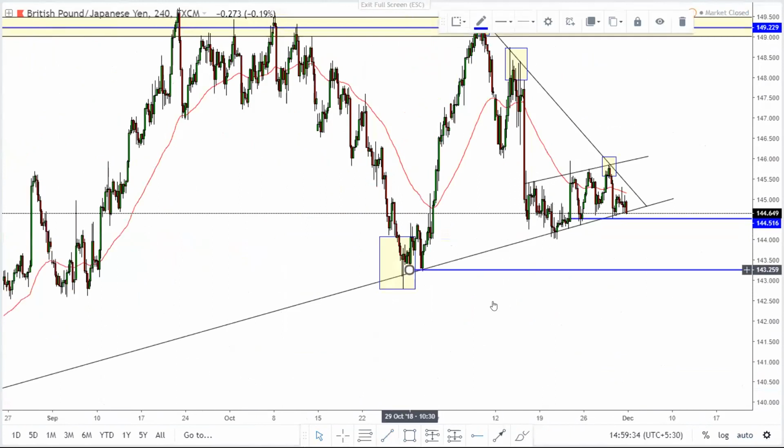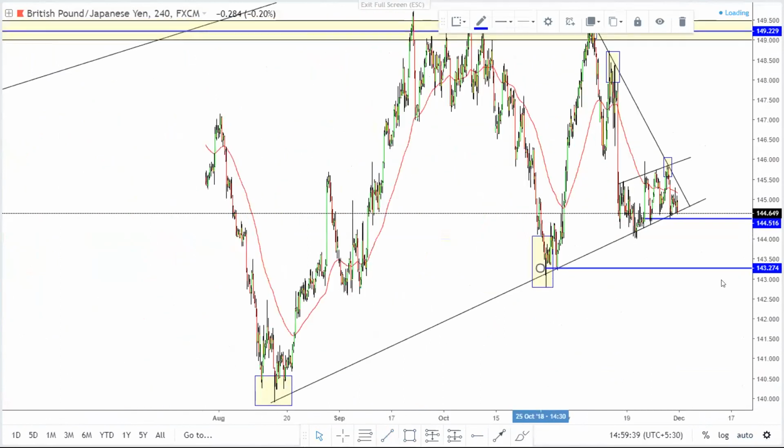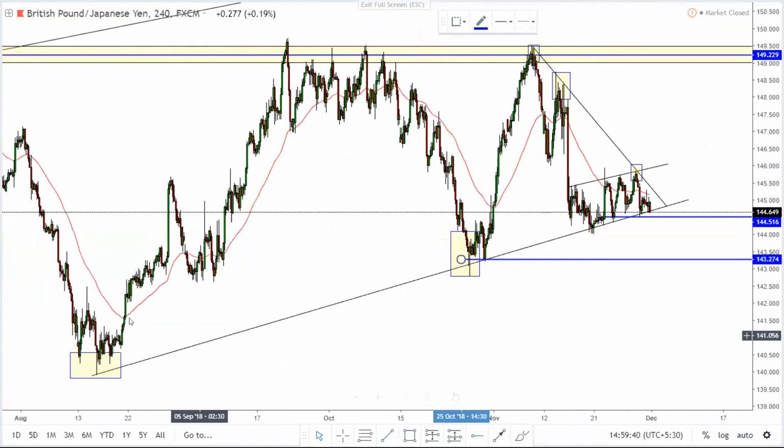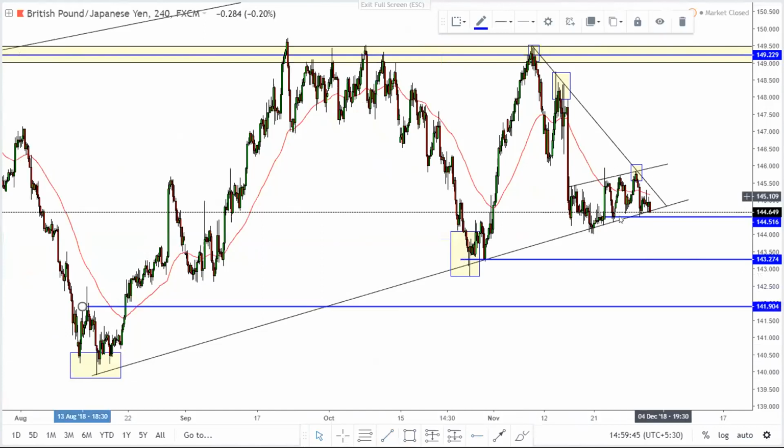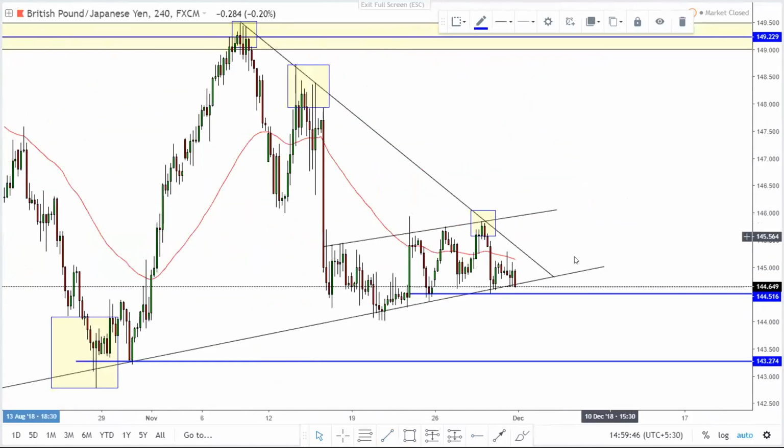First target would be 143,250. Then the next target would be around 142. Only if this support region is not going to hold.